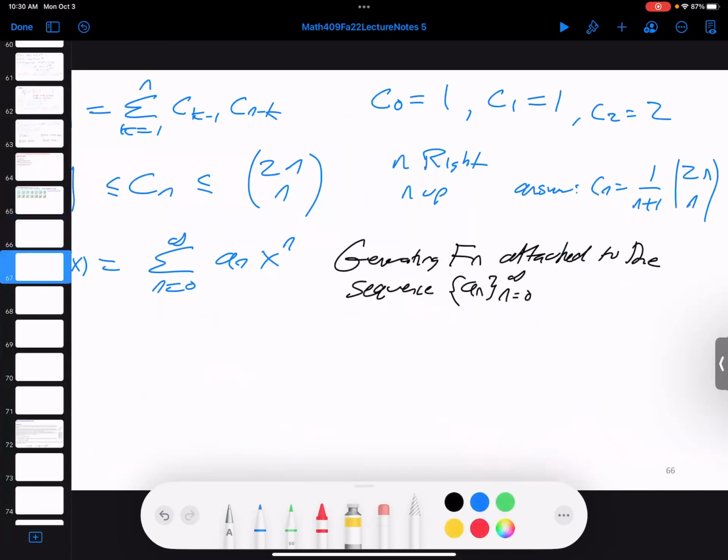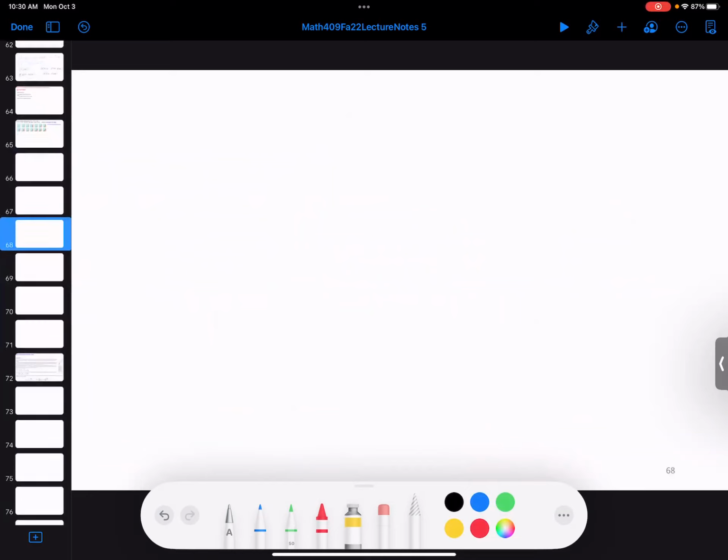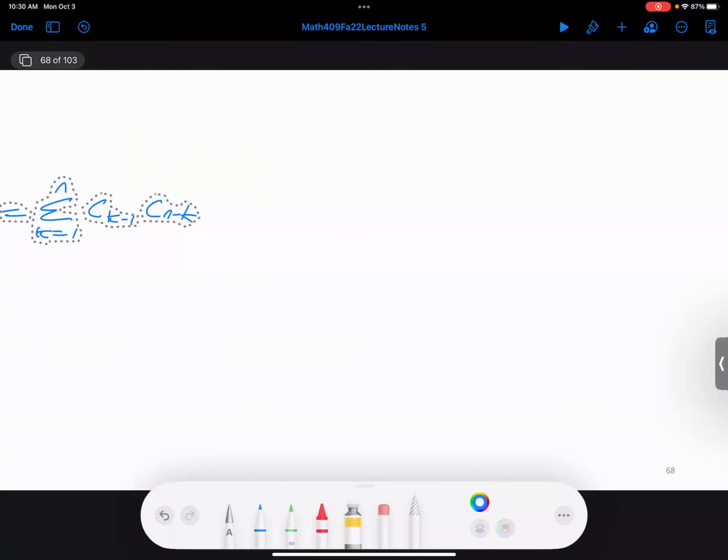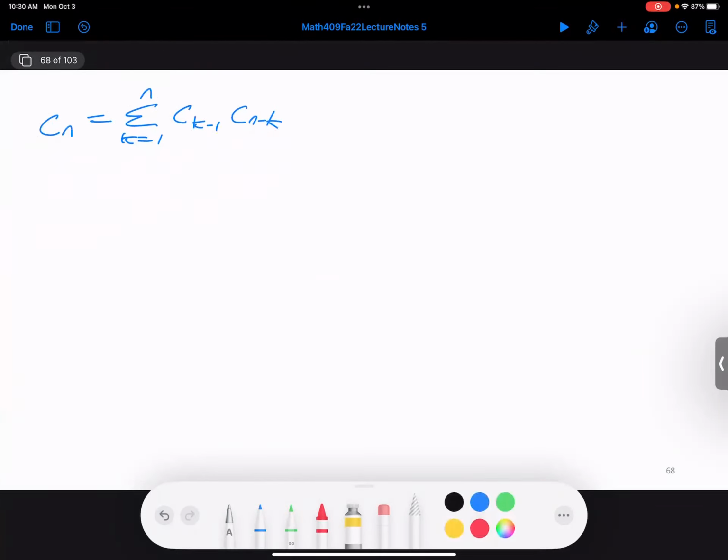So the question is, is there a way to tweak this a little bit and make it work? Let's change things a little bit. We can shift indices. If we shift, we get C_n is the sum, k goes from 0 to n minus 1, of c_k times c_(n-1-k).